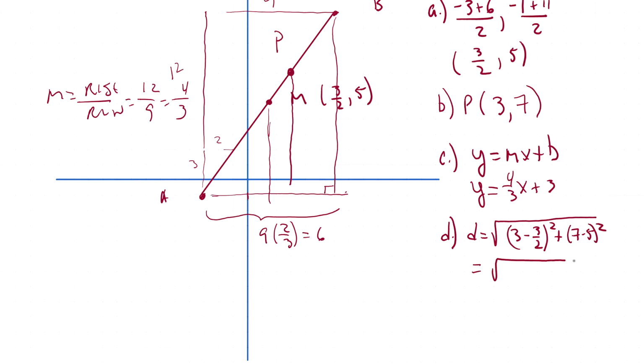So 3 minus 1.5 is 1.5. So 1.5 squared plus 2 squared, which is 4. So that's going to be 1.5 squared plus 4, which is the square root of 6.25. And the square root of 6.25 is 2.5. And that would be the distance between P and M.